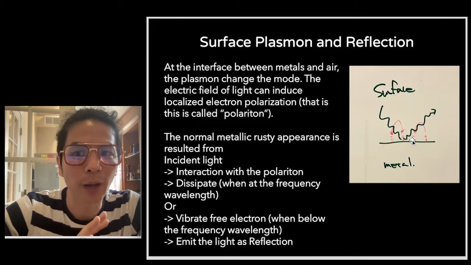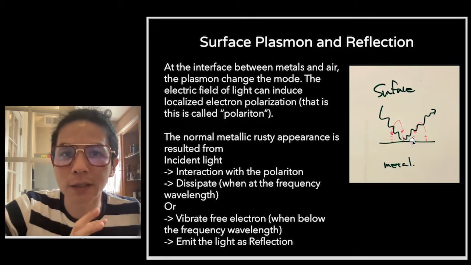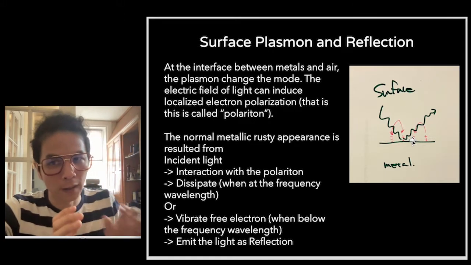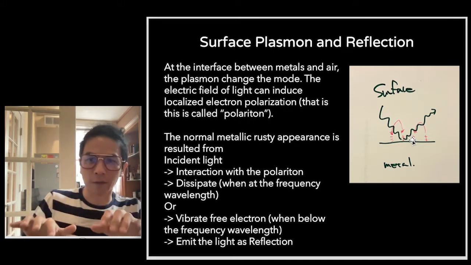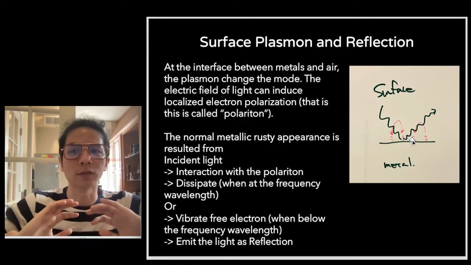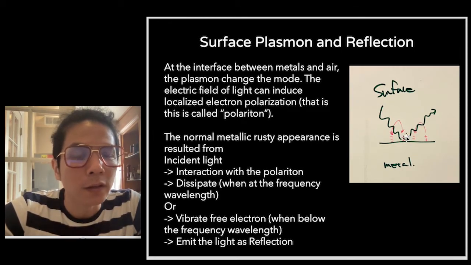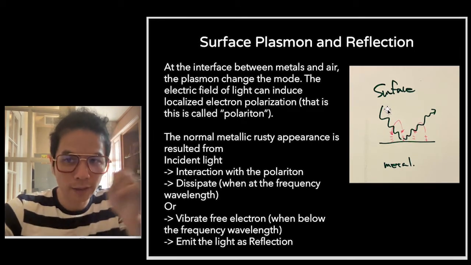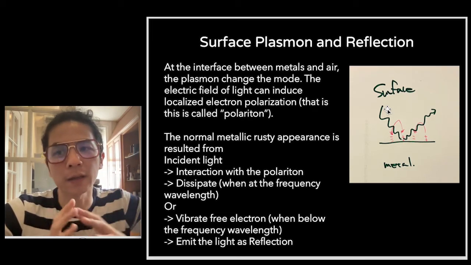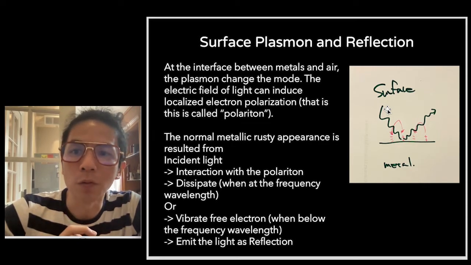The bulk plasmon deals with the electrons inside, right? But here we want to talk about the electron profile on the surface of the metal that is exposed to air. And in that case, you can imagine that the electric field, here we have to limit the discussion to the TM mode, which is the transverse magnetic mode.